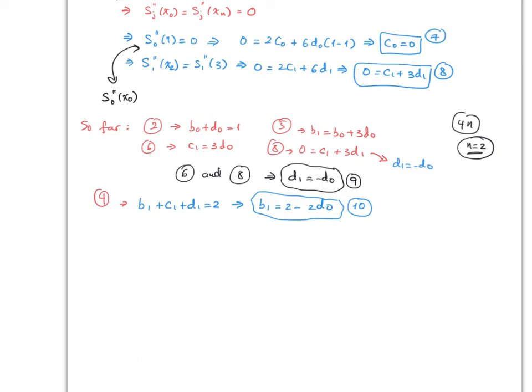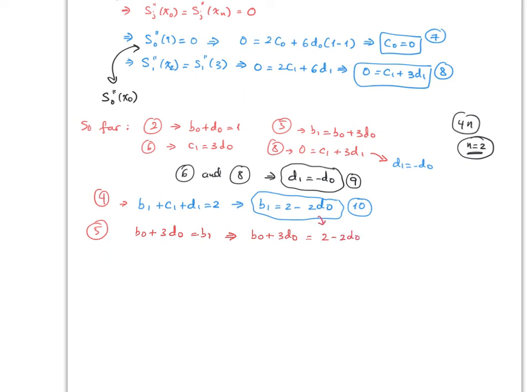Now remember equation 5: b1 equals b0 plus 3d0, or b0 plus 3d0 equals b1, which you can simplify to b0 plus 3d0 equals 2 minus 2d0.